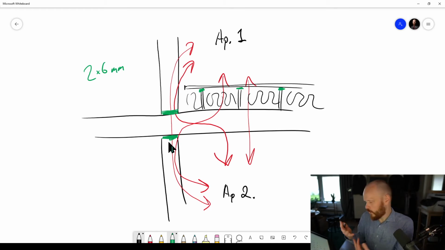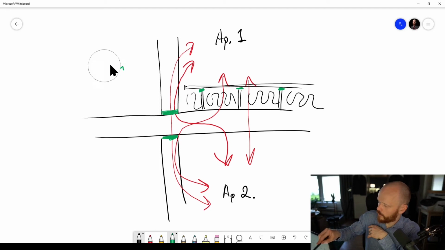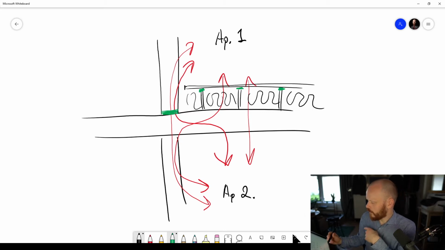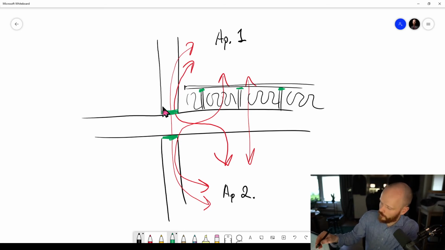However, when you think about it, let's say that you go for a single one. Let's see if I can erase backward like this. When you have the dual 6 millimeters, this one, then this path looks like perhaps could be one of the weakest links, because now we have 6mm up here and 6mm down here.